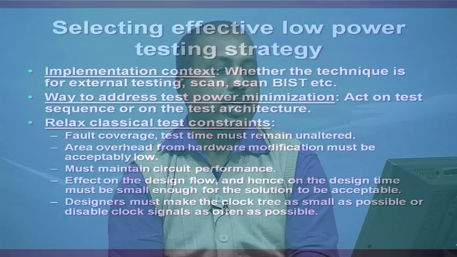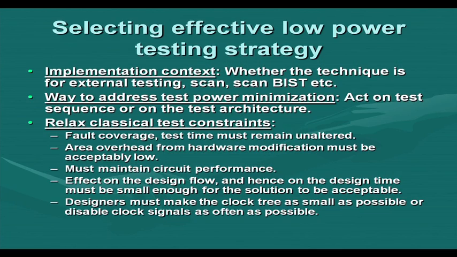Now, as a test engineer, we would like to have some relaxation in the classical test constraints like fault coverage and test time. Fault coverage, actually, nobody will accept a situation where fault coverage gets reduced. But if some of the test patterns are consuming a lot of power, then possibly we can say that we do not apply those patterns.